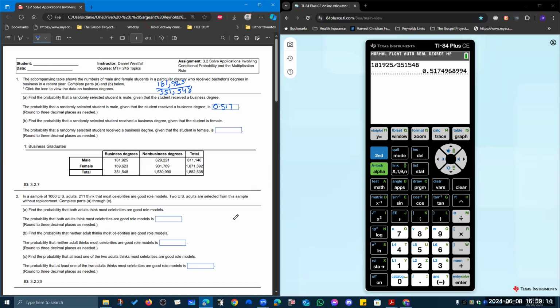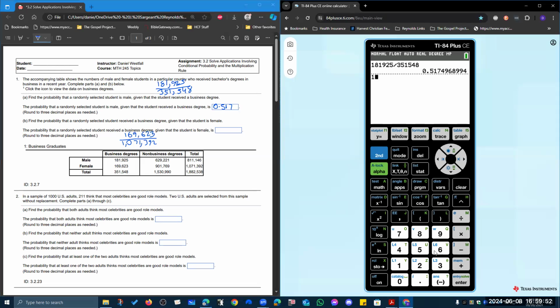Now let's find the probability that a randomly selected student received a business degree given that the student is female. So we've got all females as our denominator here of 1,071,392. We want the intersection of females and business degrees. So that's 169,623.